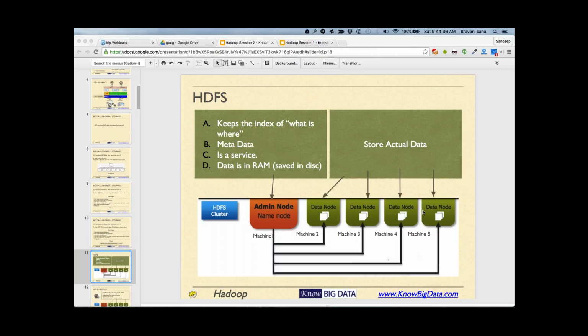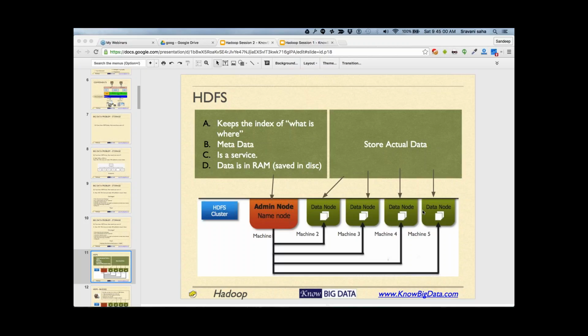It keeps only the metadata, meaning data about data. In an HDFS cluster, meaning many computers connected together, one computer is designated as the name node and the rest are data nodes. The name node knows which data is where.